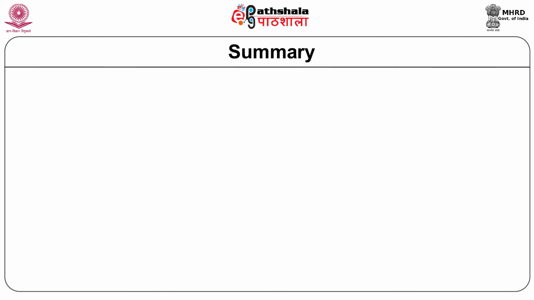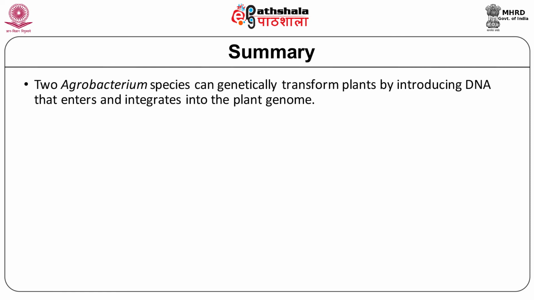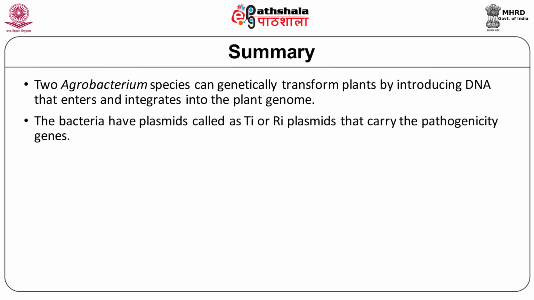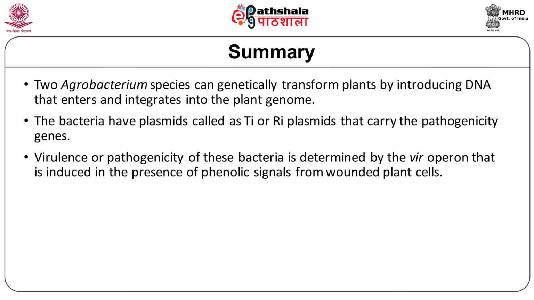The module can be summarized as: two Agrobacterium species can genetically transform plants by introducing DNA that enters and integrates into the plant genome. The bacteria have plasmids, which are known as Ti or Ri plasmids, and carry the pathogenicity genes. Virulence or pathogenicity of these bacteria is determined by the vir operon that is induced in the presence of phenolic signals from wounded plant cells.